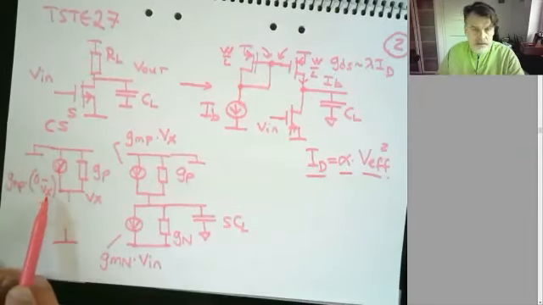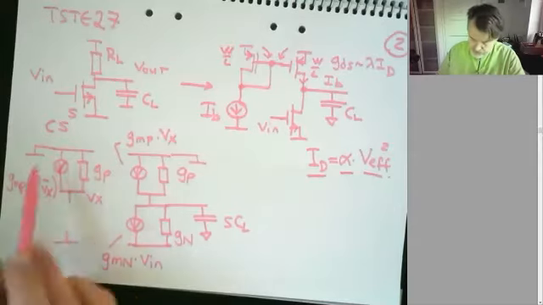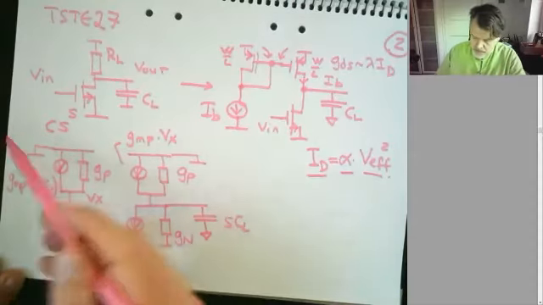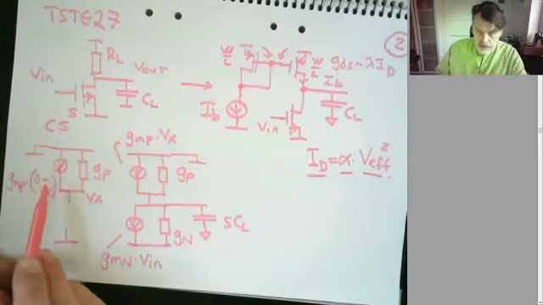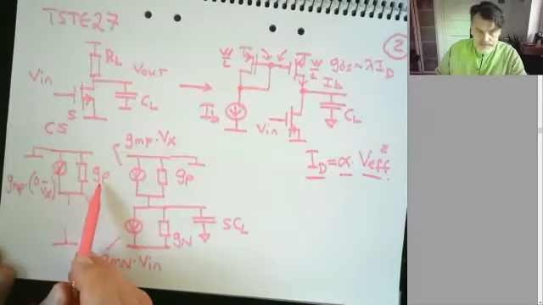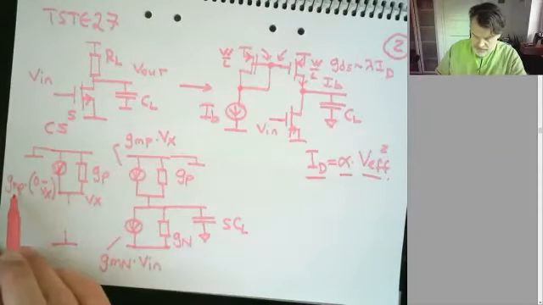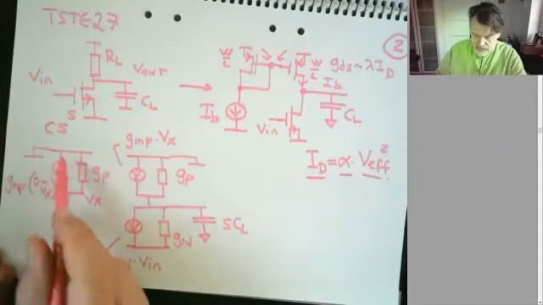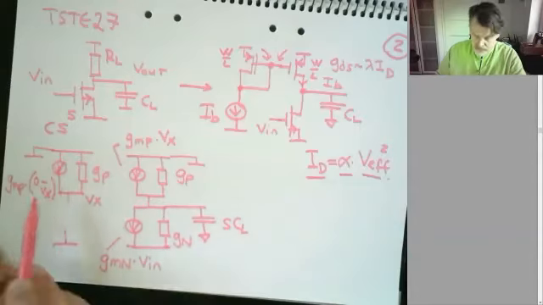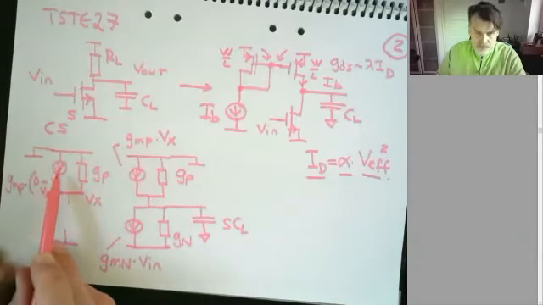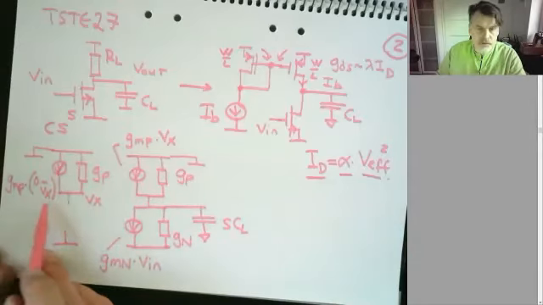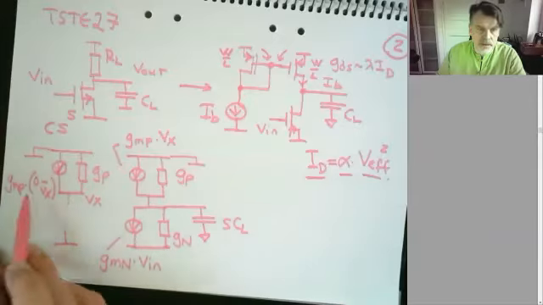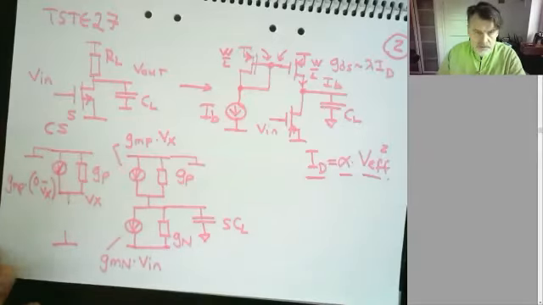We could take a look at this side for the sake of discussion. Here I have a GP. Here I have a GMP times 0 minus Vx, that's the voltage across this current source. And if you have a current source which is dependent on the voltage across itself, that's nothing else than a resistor or an impedance.